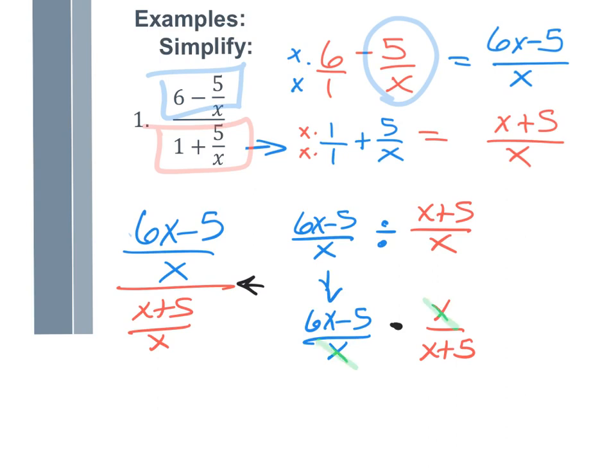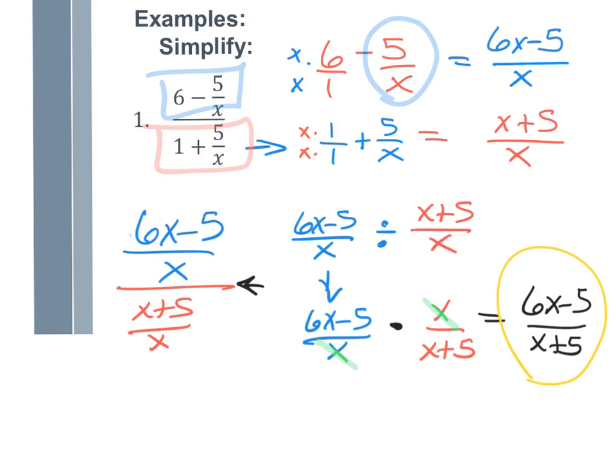I cannot simplify anything else. So now I'll multiply. And my final answer is 6x minus 5 over x plus 5. So again, we're combining adding and subtracting and multiplying and dividing all into one lesson here.